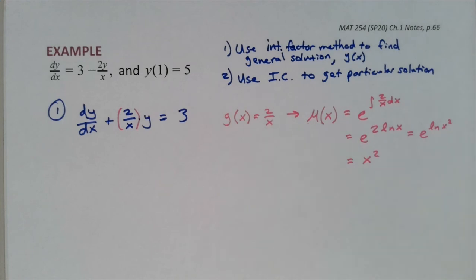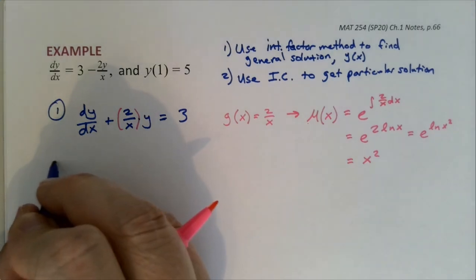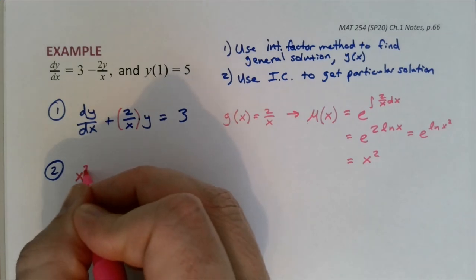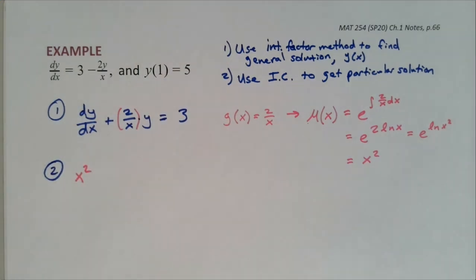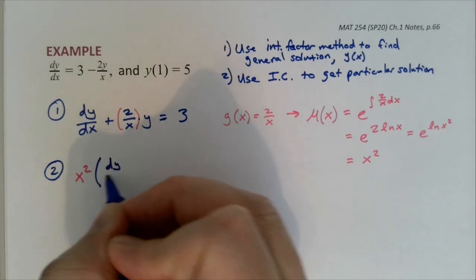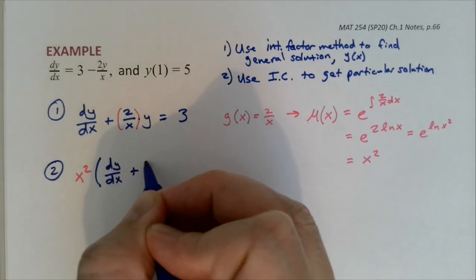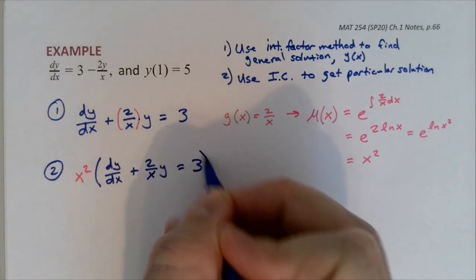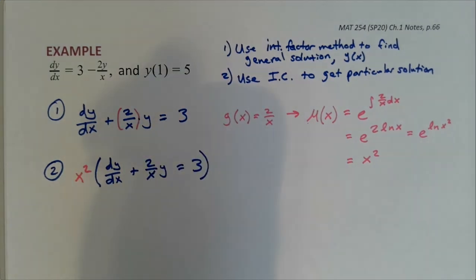So for step 2, now that I've got my integrating factor, I'm going to take x squared and multiply it by the whole equation. And we can simplify as we go.